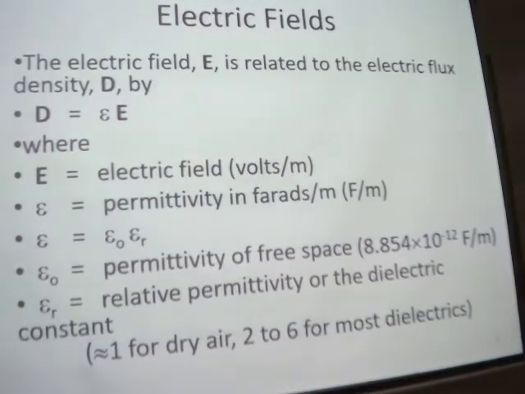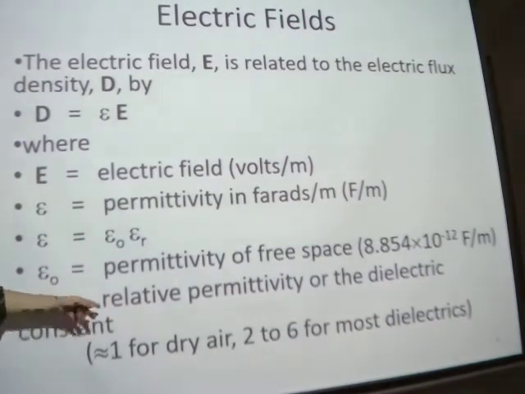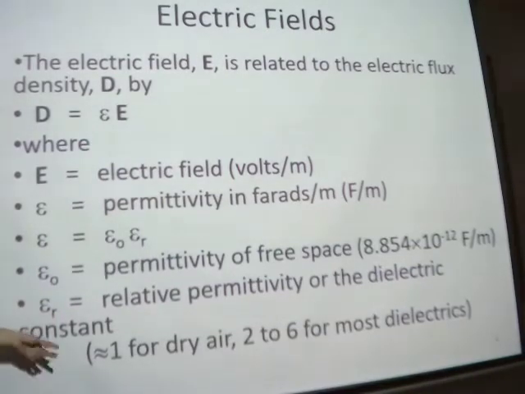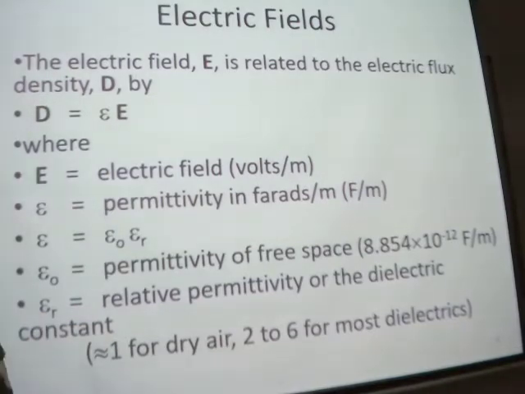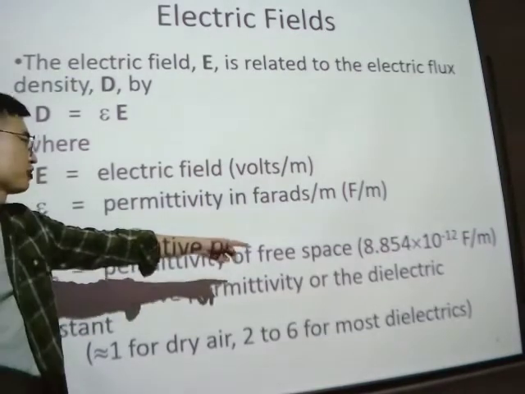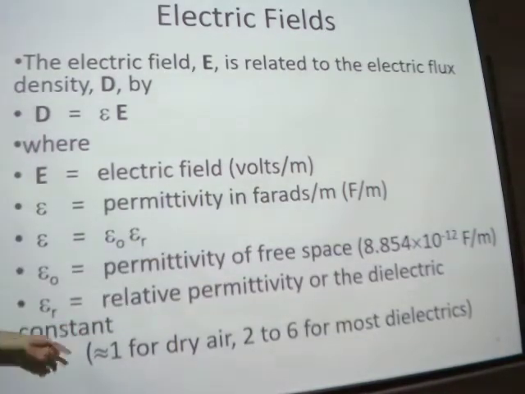The permittivity of free space epsilon 0 and the relative permittivity, approximately 1 for air and 2 to 6 for most dielectric constants. Dielectrics are like plastic or a spoon, not water, not metal.